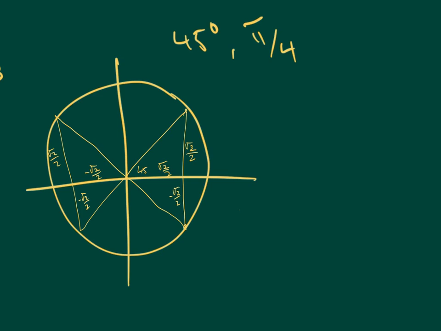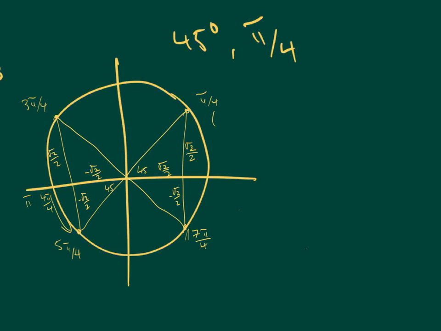So then your 4 points. I guess I could have started with this, that's pi over 4. That is 3 pi over 4, and that's 5 pi over 4. And again, similar reasoning, if this is pi, then that's 4 pi over 4, so 1 pi over 4 over from there, because that's a 45 right there, would be at 5 pi over 4. And this one is 7 pi over 4.